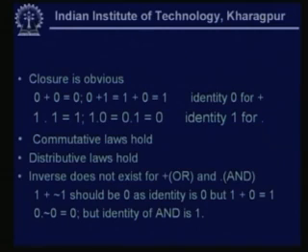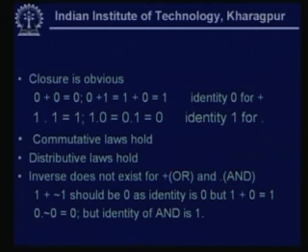So, 0 plus 0 is defined as 0, 0 plus 1 is 1, 1 plus 0 is 1. Similarly, if we now take the operator as dot, 1 dot 1 is 1, 1 dot 0 is 0, and 0 dot 1 is 0. Now, the results are also either 0 or 1, so the closure property holds.